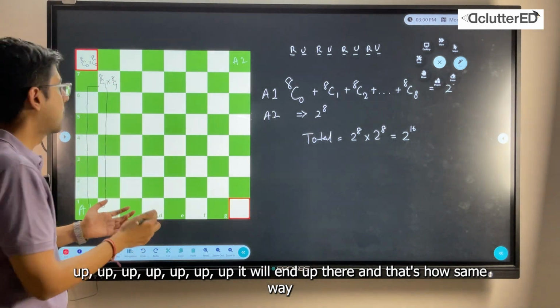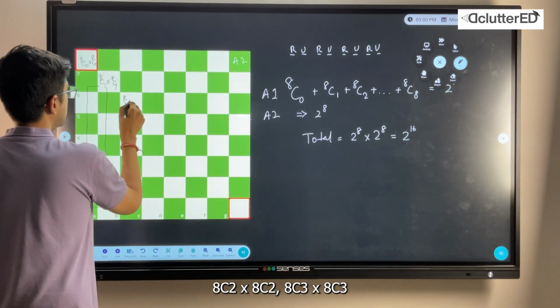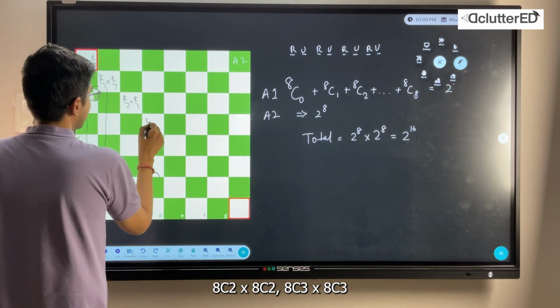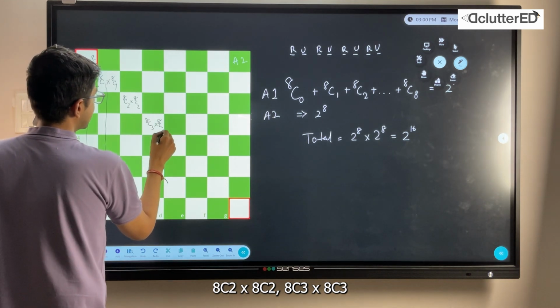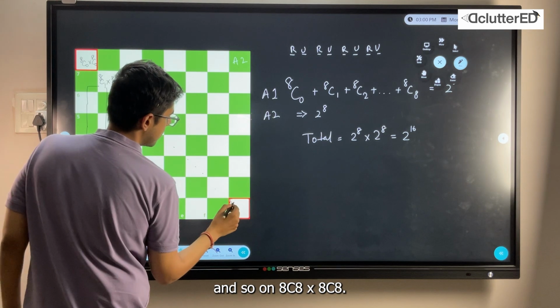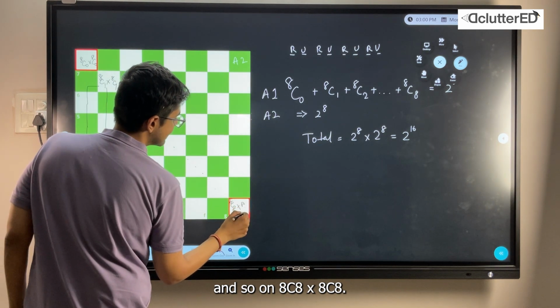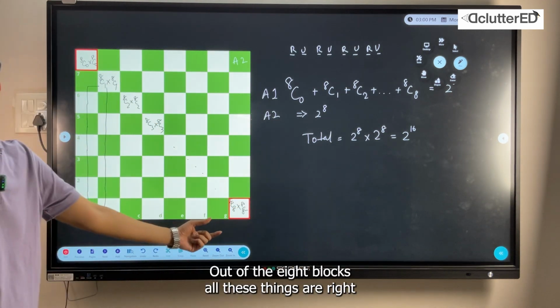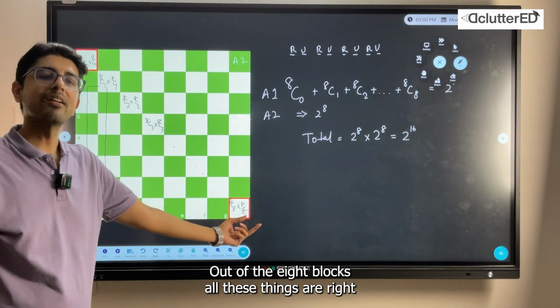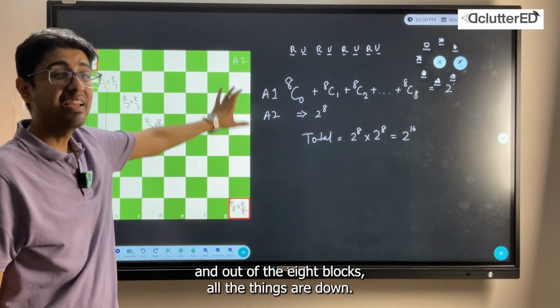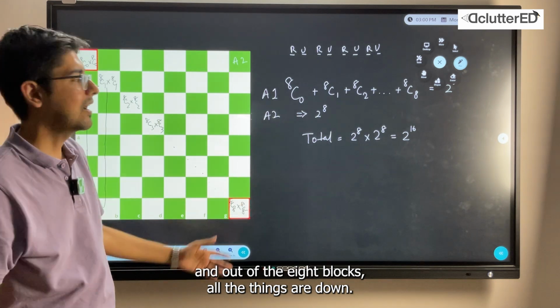In the same way, 8C2 into 8C2, 8C3 into 8C3, and so on up to 8C8 into 8C8. Out of the 8 blocks, all are right, and out of the 8 blocks, all are down.